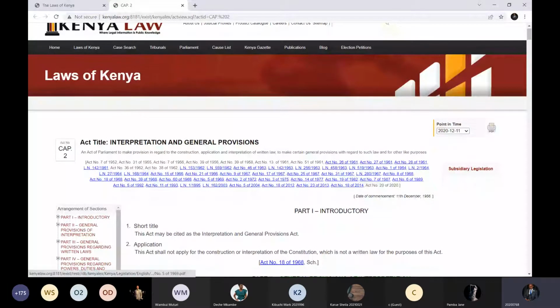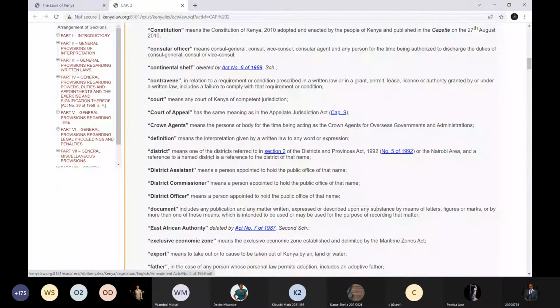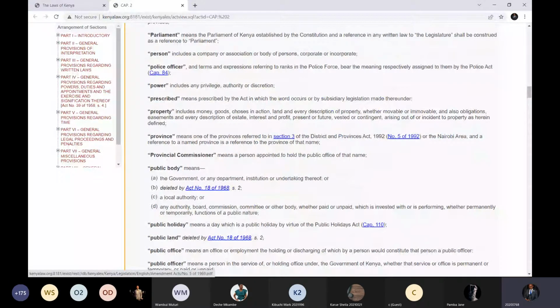Well, the reason why I'm opening the Interpretation and General Provisions Act is because of another clever argument that you could bring into it.